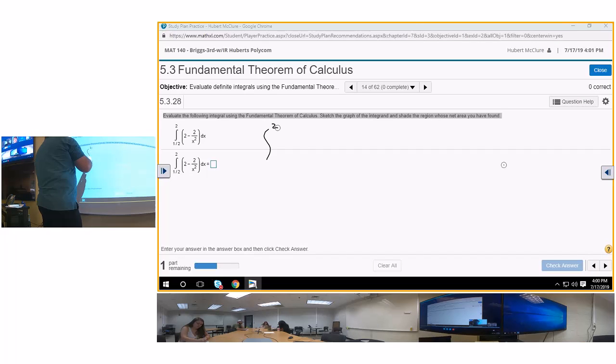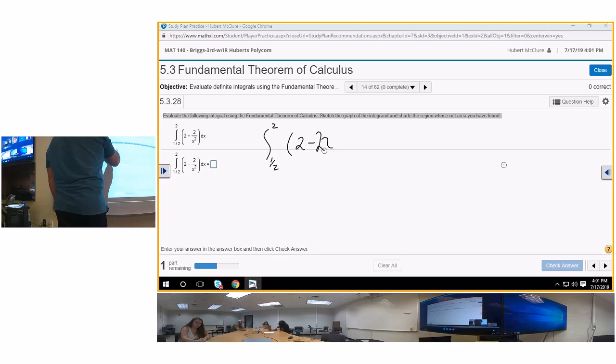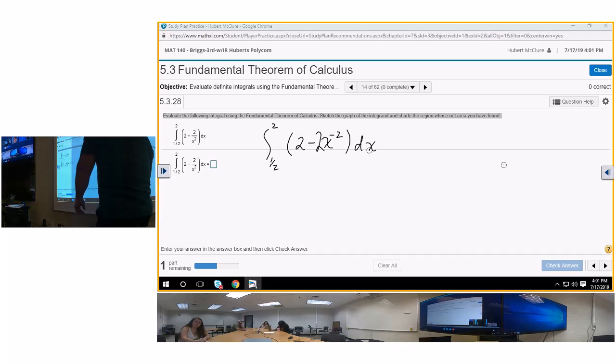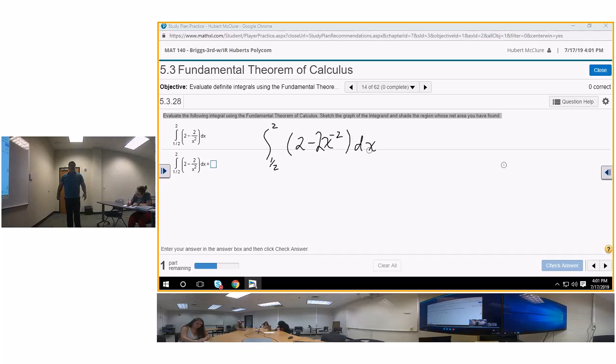1/2, or you can do 0.5 if you want to, but it's easier to do 1/2 because you can do basic math. Of 2 minus x, 2x to the what? -2 dx. Why did I do that? Because you don't want a fraction, you need to rewrite it.